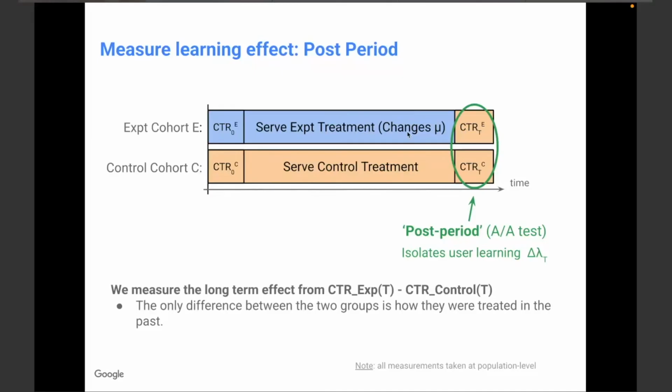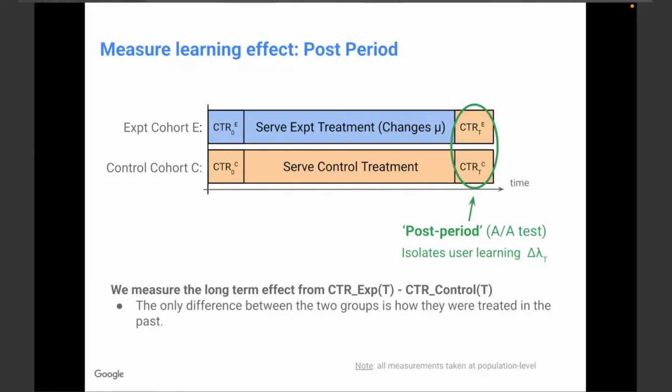This part is a little tricky, so let me try to explain again. If we look at these users and compare to another cohort of the users, first of all, the measurement time is the same. So it's not subject to the seasonality effect, as I just mentioned. Second of all, the treatment effect at the measurement time is the same. Both of the user cohorts are under the same treatment, which means the short-term treatment effect won't affect this, right?